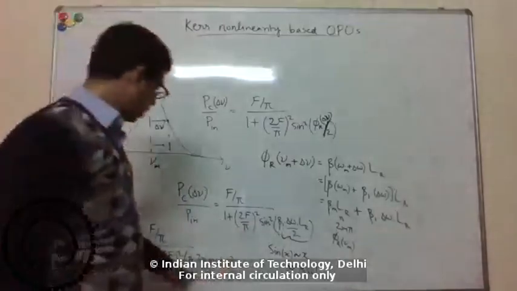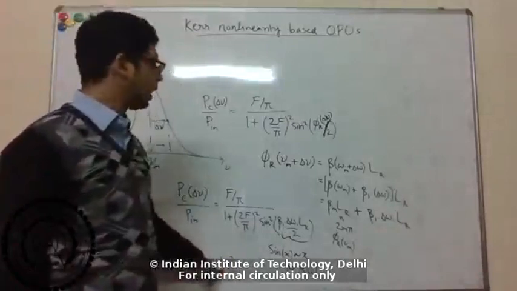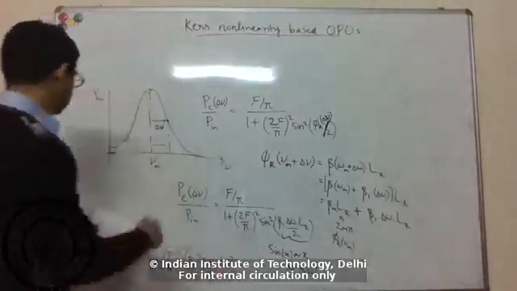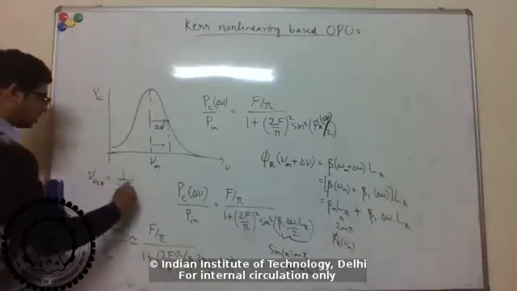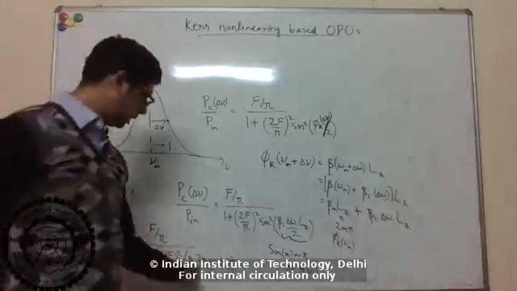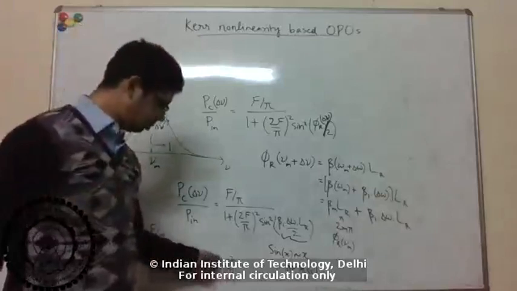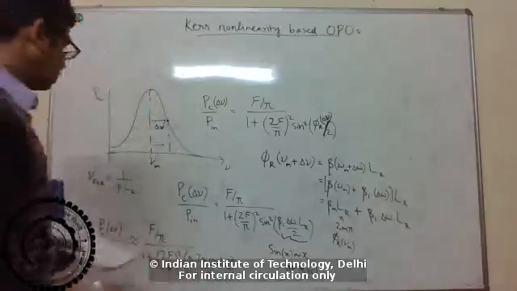And so recall, we are getting beta 1 times LR, right? And recall that the FSR is basically 1 over beta 1 times LR. So beta 1 LR we can write as 1 over the FSR.